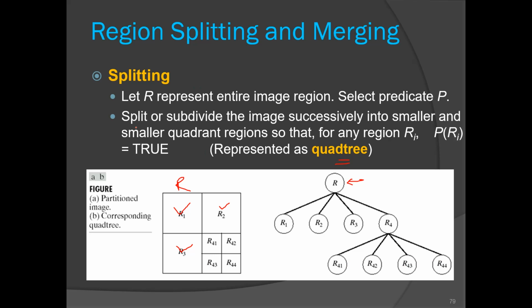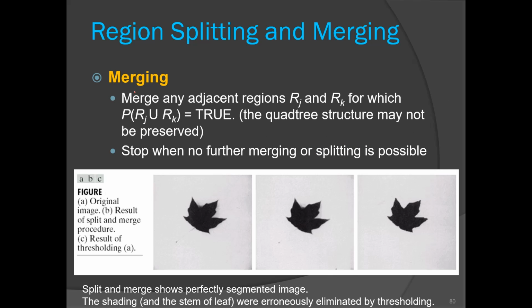This is our splitting stage, and then we have to merge. If the union of two adjacent regions satisfies the predicate, then you merge, and stop when no further merging or splitting is possible.